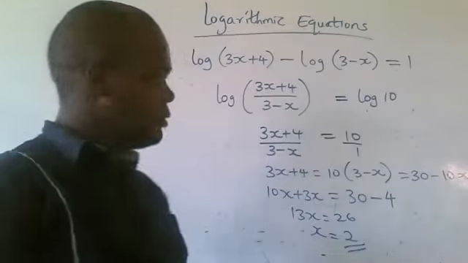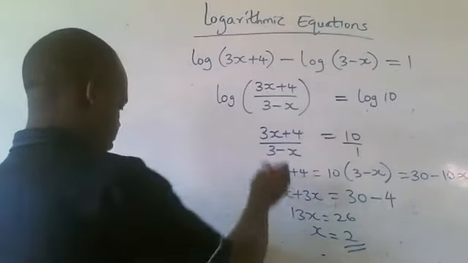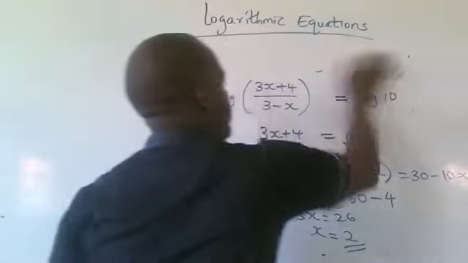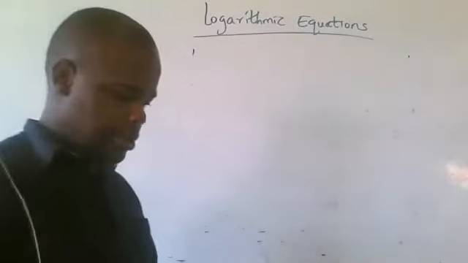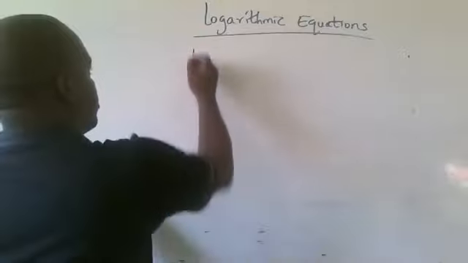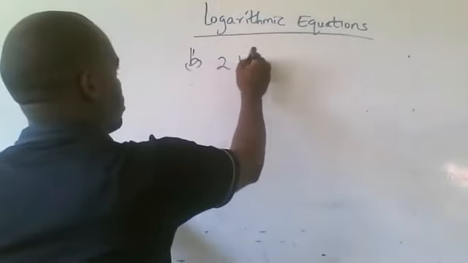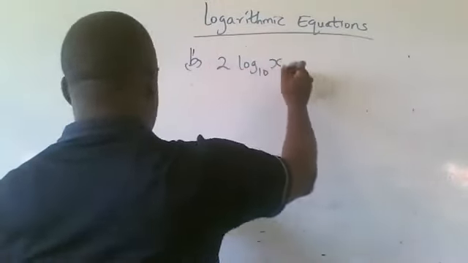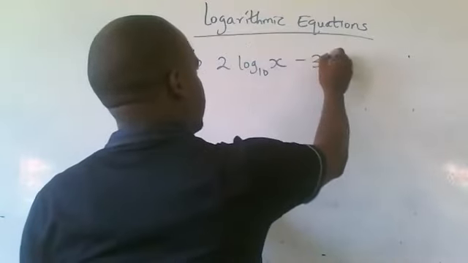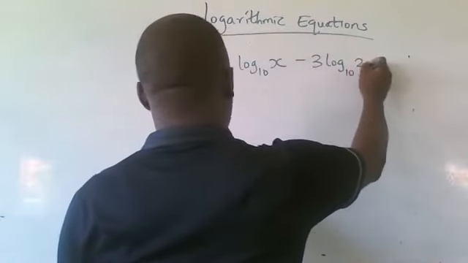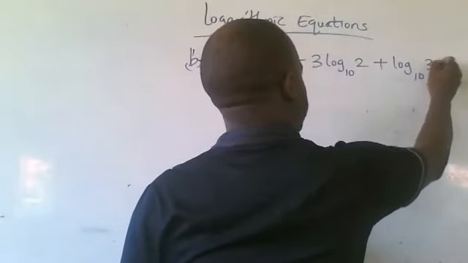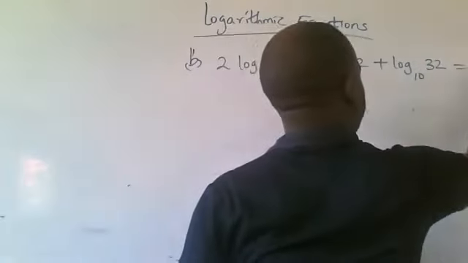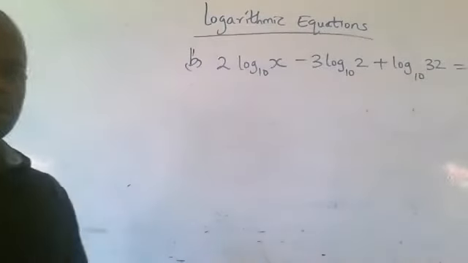So the next one, part B. Two log to base 10 of x minus 3 log to base 10 of 2 plus log to base 10 of 32 is equal to 2.